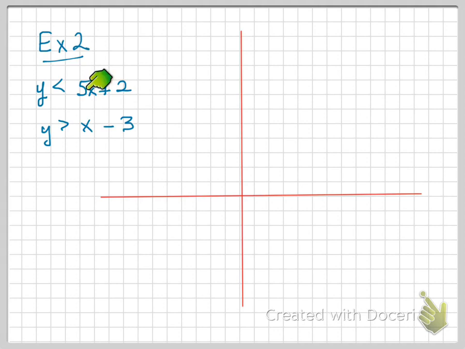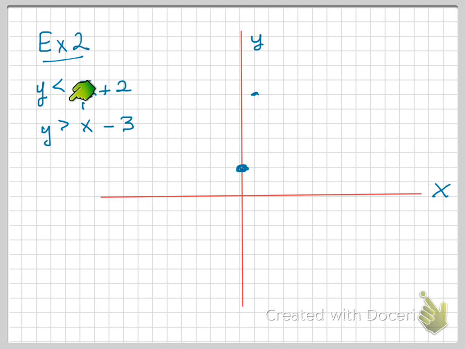This particular line here is going to cross the y-axis at 2. Remember that your y-axis is this one and your x-axis is this one. So I want to cross the y-axis at 2, and then I have a slope of 5 over 1. That means to rise 5 and run 1, both positive directions, since this is a positive 5.